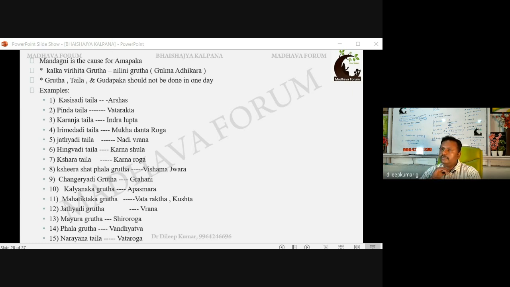In one folklore practice, we used to keep Narikela Lavana overnight in tender coconut water. We just open the cap of the tender coconut and keep 10 grams of Narikela Lavana overnight. Ask the patient to drink the Narikela Lavana along with tender coconut water early in the morning.